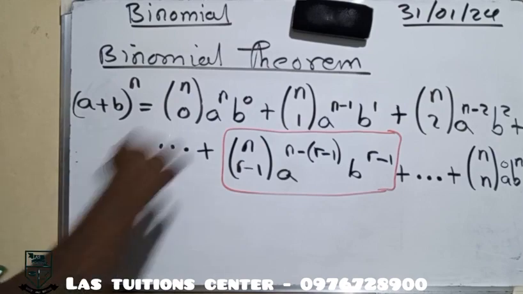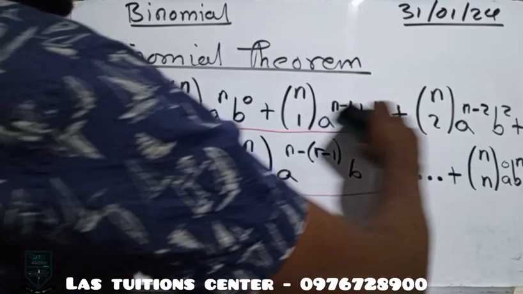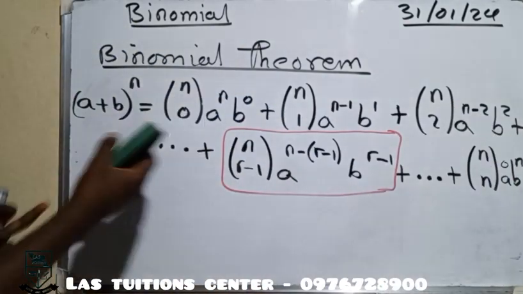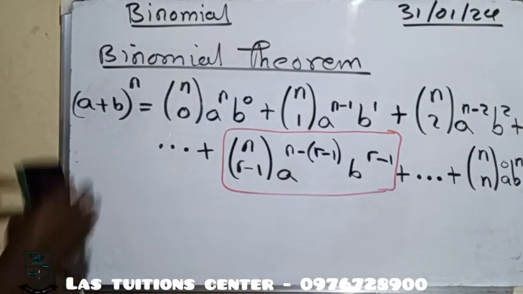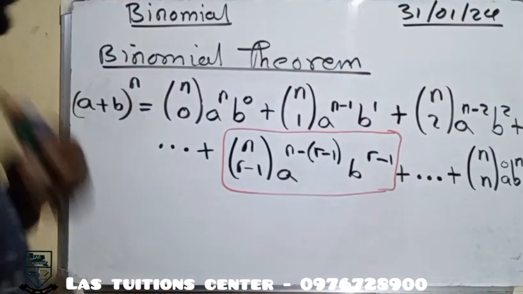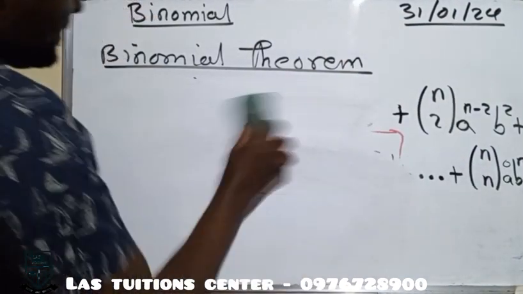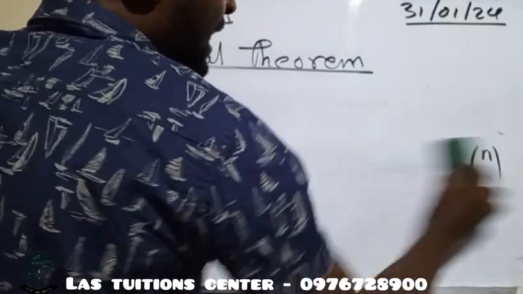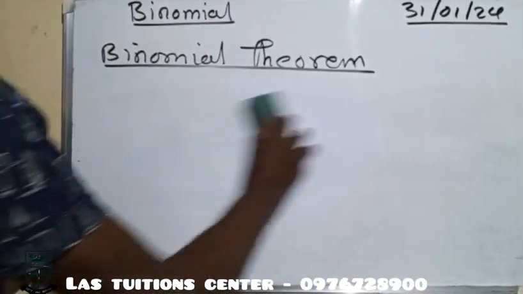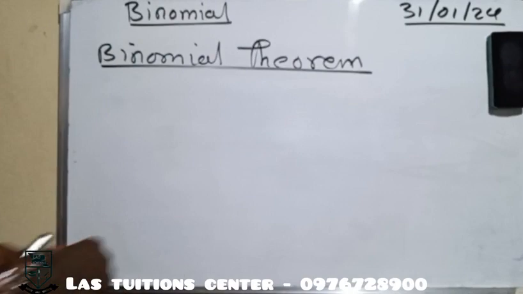Great. So let's use this formula to do one of the expansions. We see what it's going to give us. So I'll rub it because I have it in my head. I hope you have it somewhere.